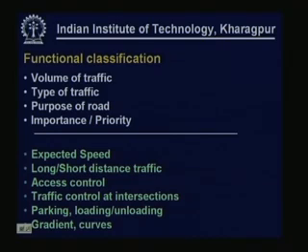Not all roads carry an equal amount of traffic; it varies. Similarly, the type of traffic also varies. For some roads the commercial traffic may be predominant, whereas for others it may be mostly cars in a residential area. So, obviously, the traffic type as well as the mix of traffic is different for different roads.